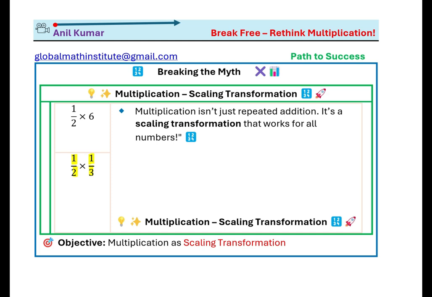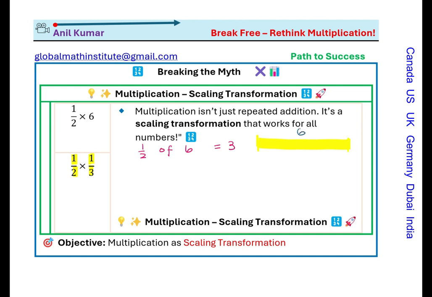So, what we have done here is made it simpler. So, half of some other number instead of a fraction, we have taken 6. So, scaling really means that times over here is saying half of 6. Right? Do you understand? Half of 6. And the result is 3. Now, if this line from here to here is 6 units, then half of this line is going to be 3 units.